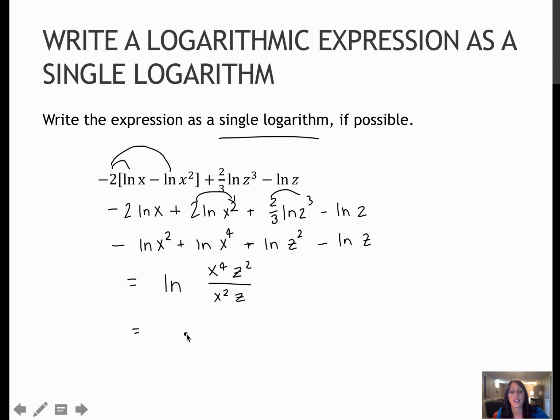Obviously, I can simplify this a little bit more. This 4 and this 2 reduce to x squared, which of course would remain on the top. Z to the 2nd and z to the 1st would reduce to z to the 1st on the top. So I really just have the natural log of x squared z. That's my final answer. Everything that was in the denominator ended up canceling out.